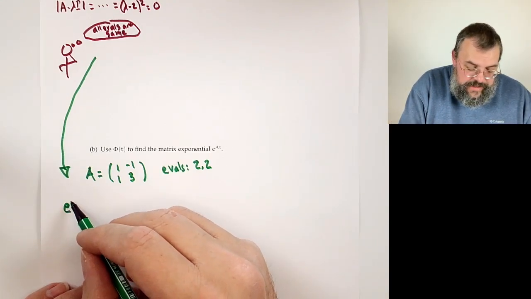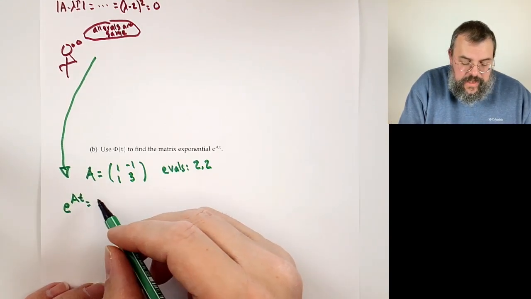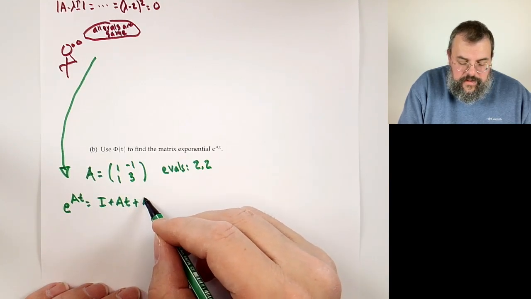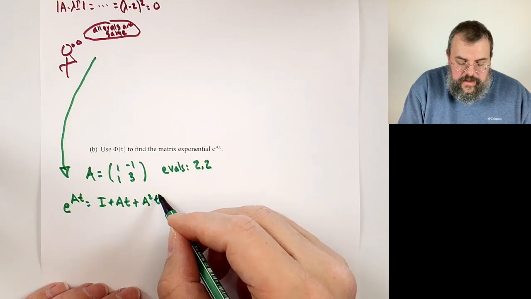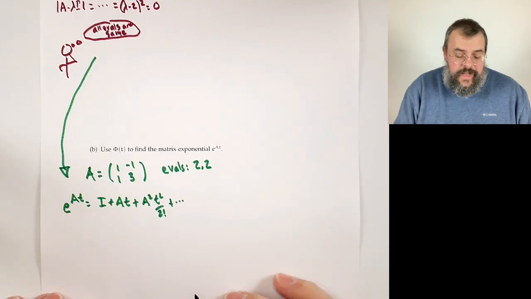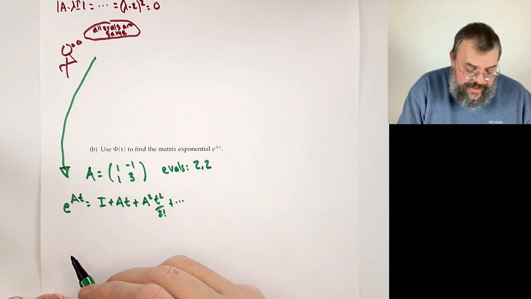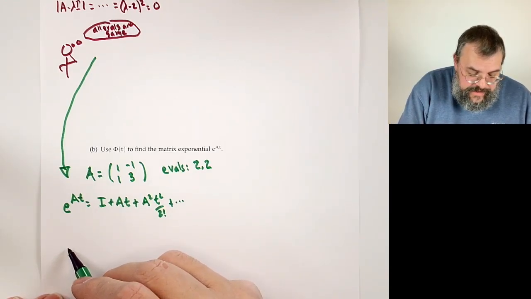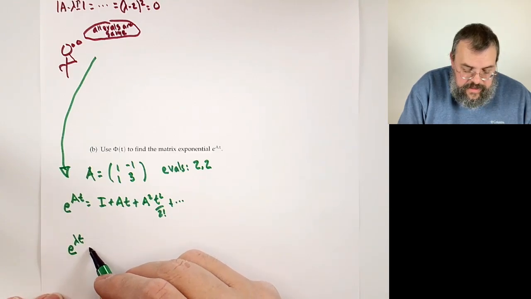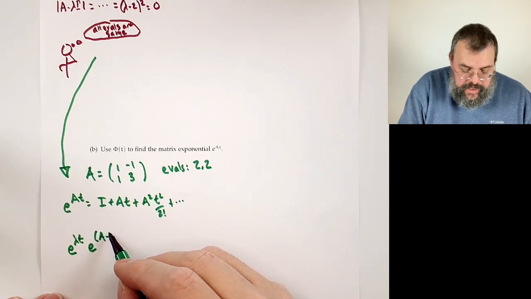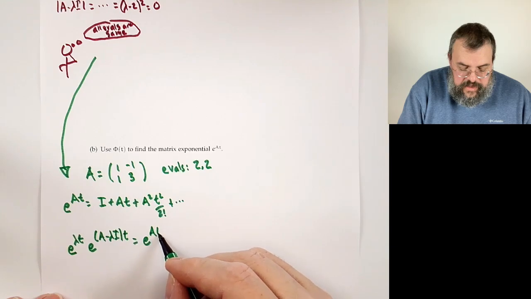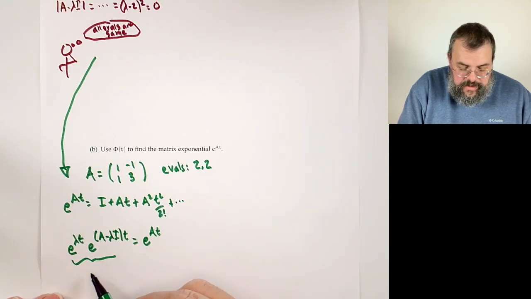One is that e to the At is the identity, plus A times t, plus A squared t squared over 2 factorial, plus dot dot dot. The other nice fact is that e to the lambda t times e to the (A minus lambda I) t is equal to e to the At. And this is true for any lambda.